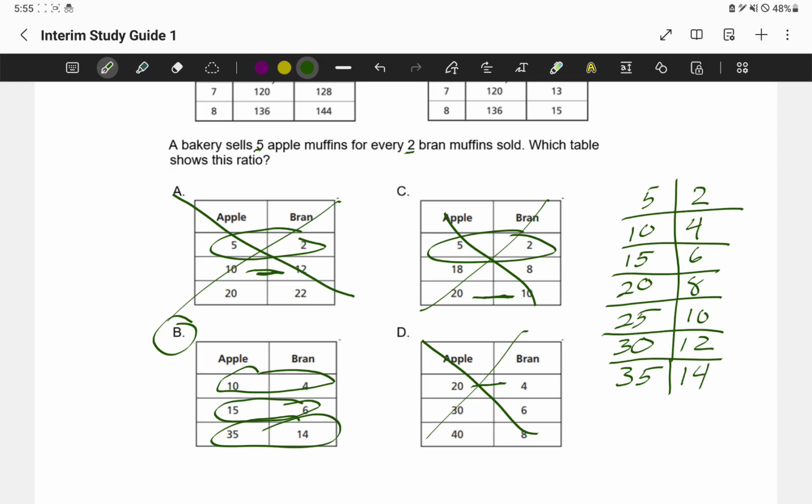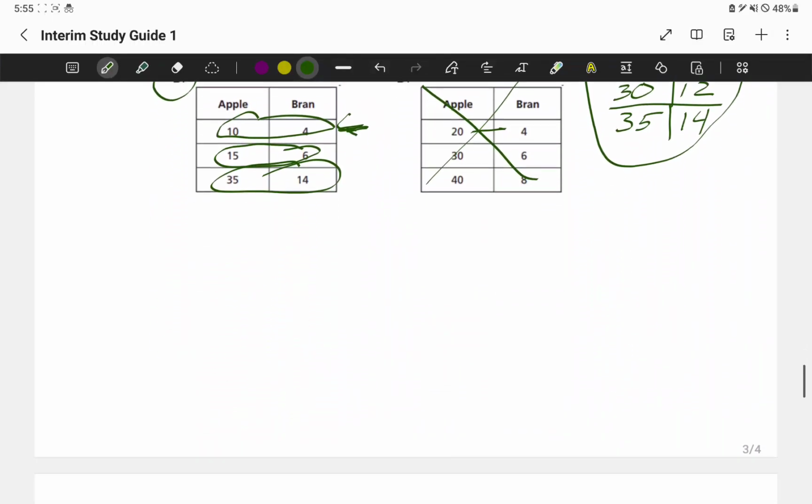Just because it looks like it starts right doesn't mean anything. Make your own table and go all the way down and see which has a complete matching set. Okay.